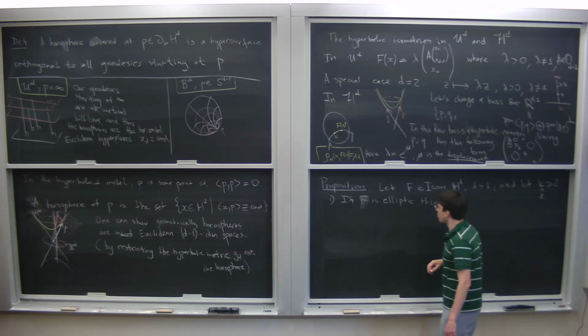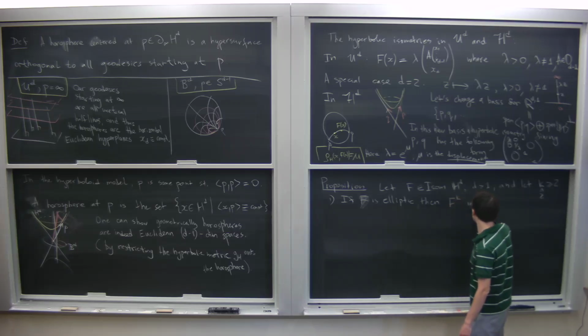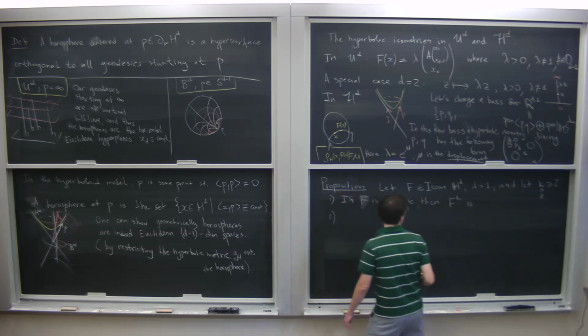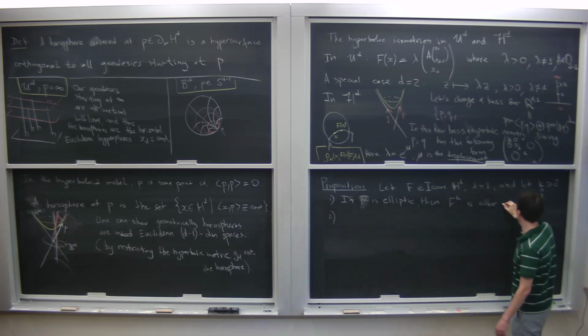then any power of an elliptic isometry, F^k, is either elliptic or trivial.